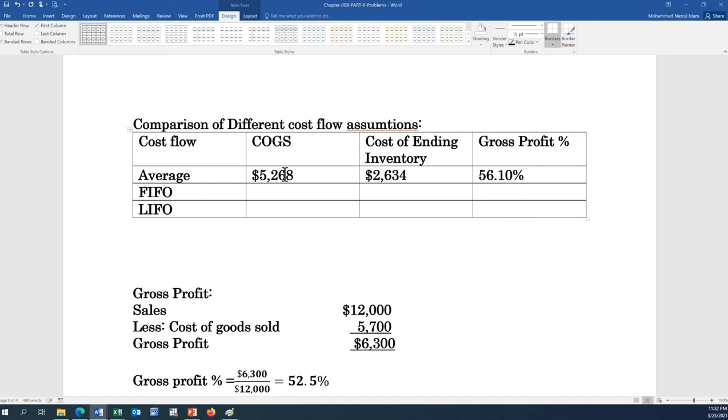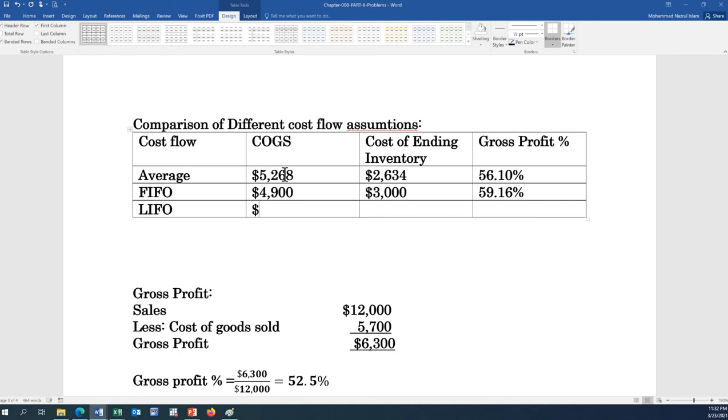Under first in first out, the cost of goods sold is 4,900, and cost of ending inventory 3,000, and gross profit percentage 59.16%.